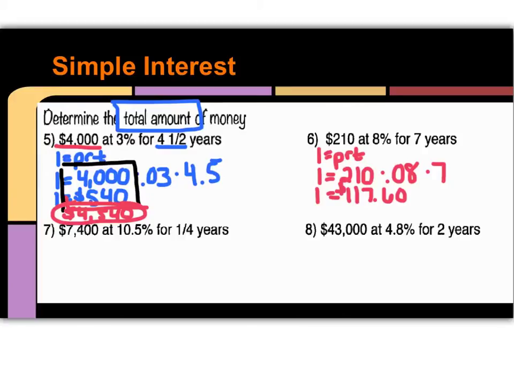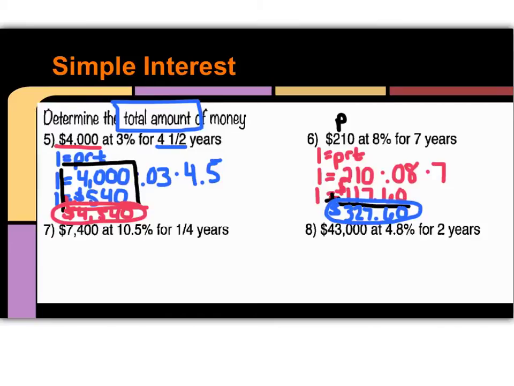Again, I can just add these two numbers, the 210, which is the principal, and the interest together, and I would get a total of $327.60.